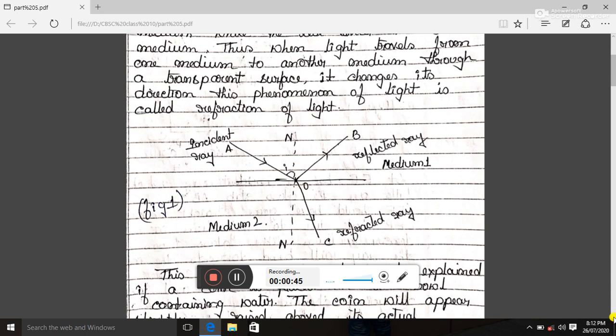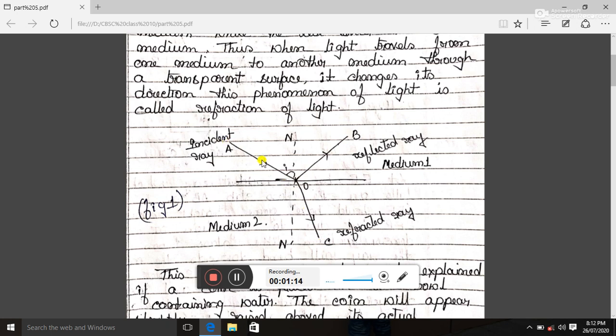So, we can understand refraction of light from this diagram. This is a transparent medium. The above part is one medium and the below one is another medium. When a ray of light falls on this transparent medium, a part of this light will reflect back and another part will enter the second medium, and that part is called transmitted light.